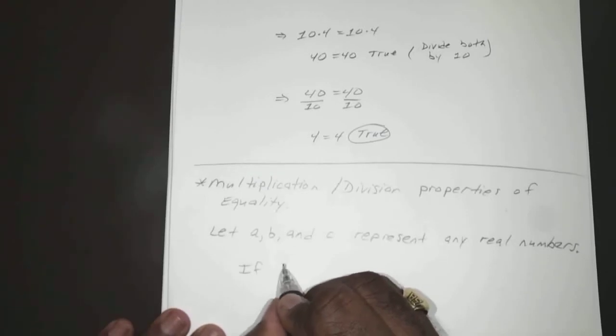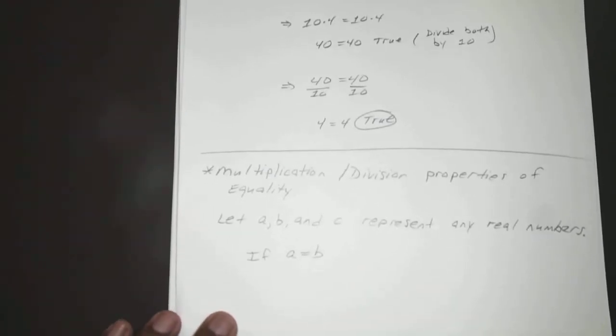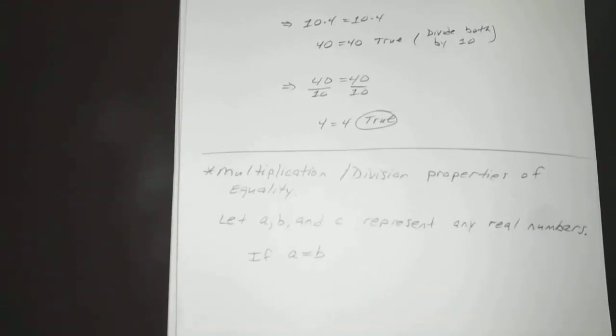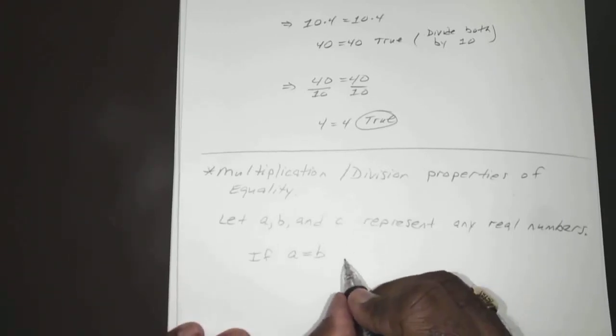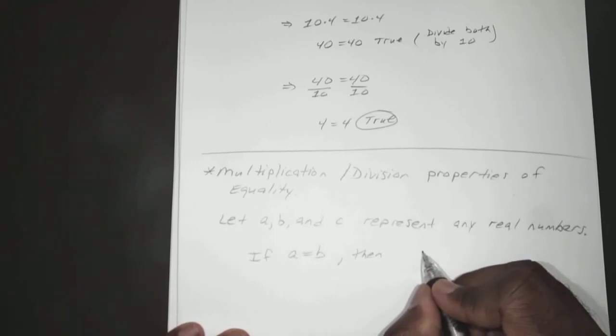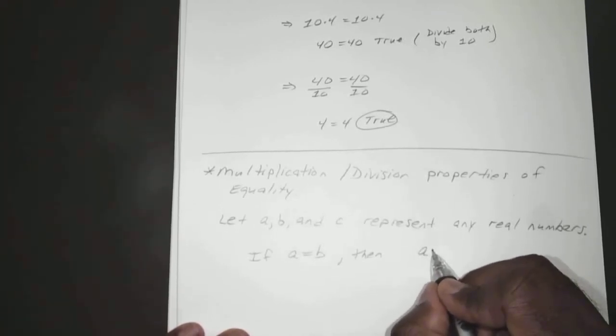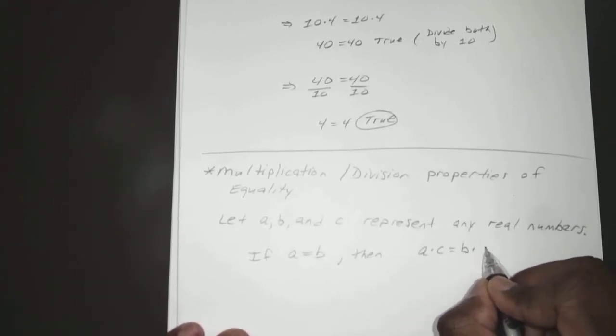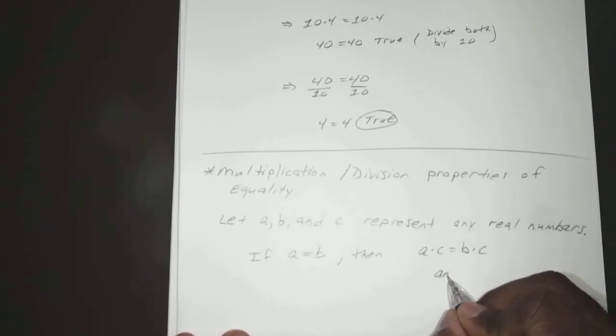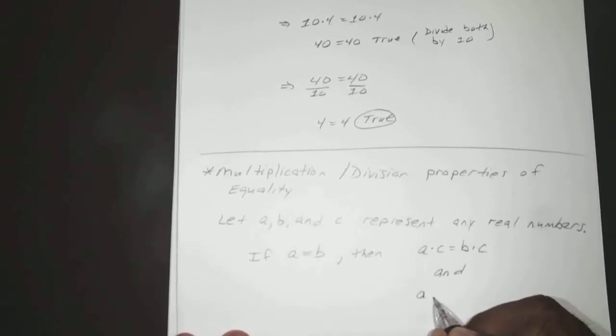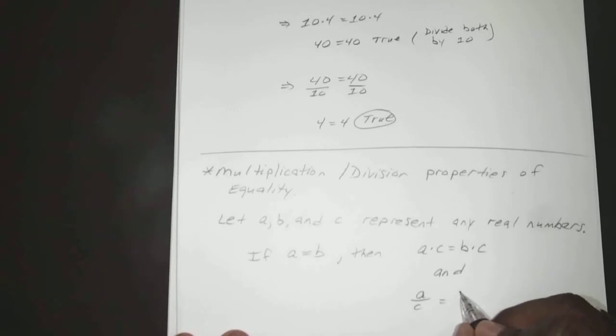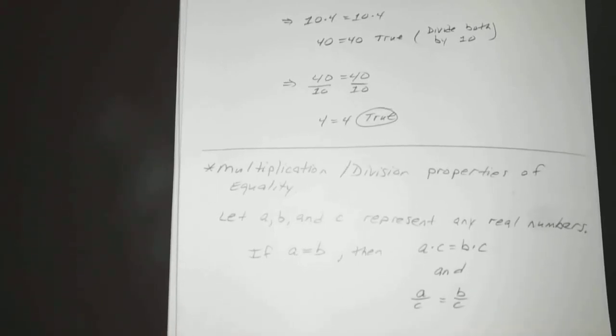If we start off with A equal to B, as long as we multiply both sides by whatever C is, it'll still be equivalent. A times C equals B times C. And if we divide both sides by the same thing, it'll still be equivalent.